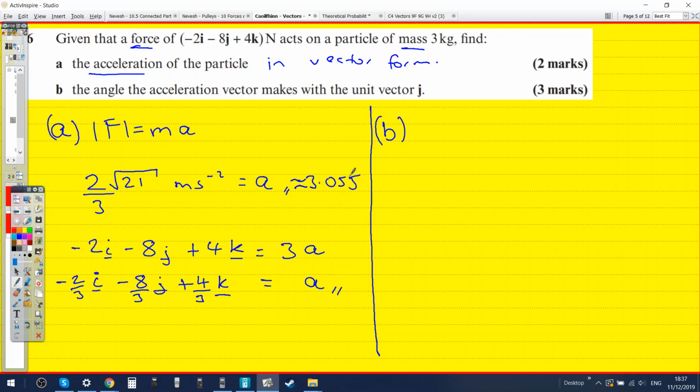Unit vector j. So we have to say what angle that makes with the unit vector j.